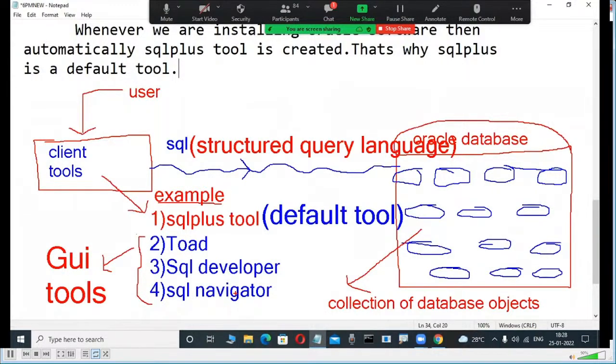Then the installation process, we do all the things here. Draw this one because the terminology is new the first time.